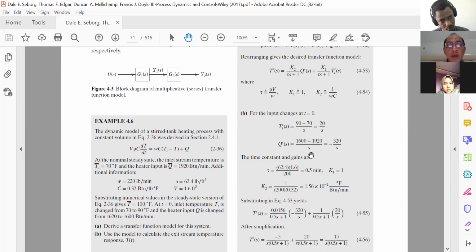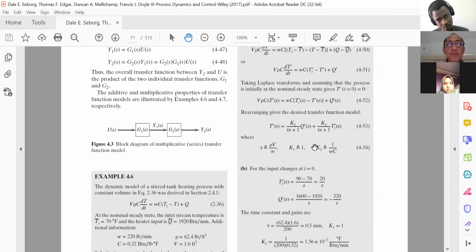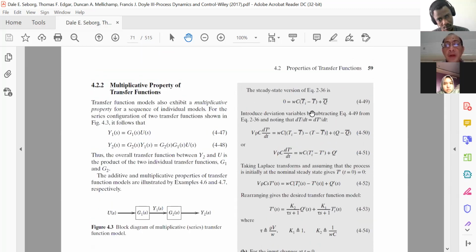So we go to here, and this is the steady state. At steady state, the rate of accumulation should be 0, so we can find the steady-state values of all variables. So you have Q bar equal to WC times T bar minus Ti bar, and we already know that.